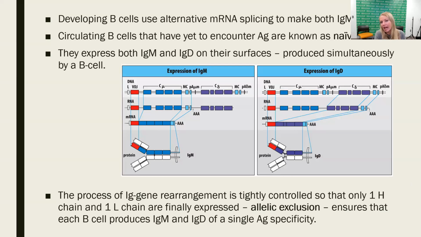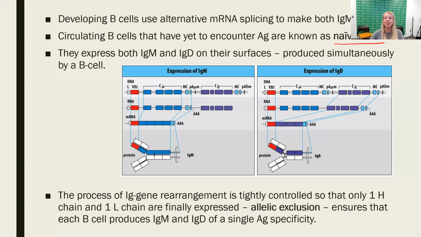Because both mu and delta constant regions are closest to the variable segments, those are going to be the first two made, and that alternative splicing is just going to bring one or the other in. When a B cell is circulating, but it has not encountered antigen yet, we call that a naive B cell, and we're going to use that term a billion times.